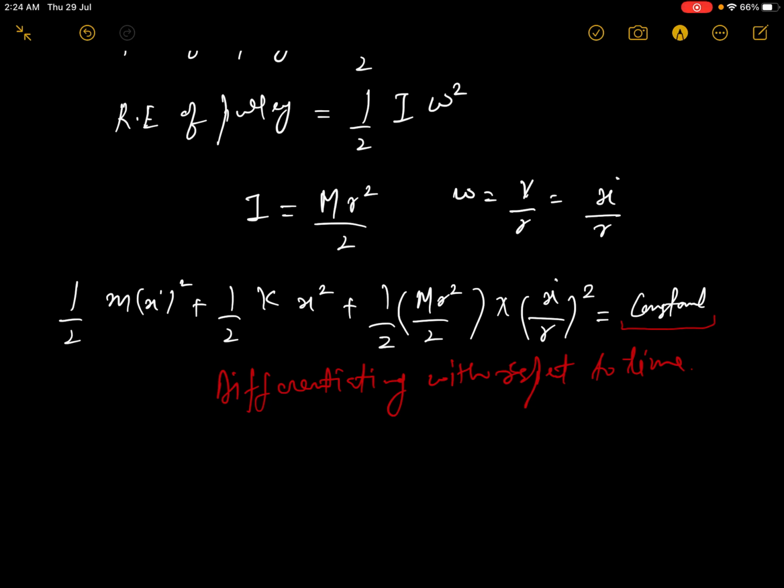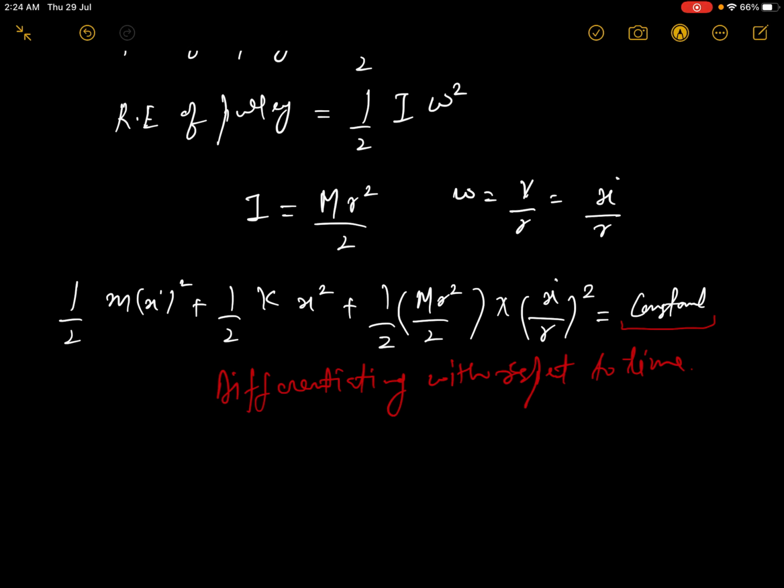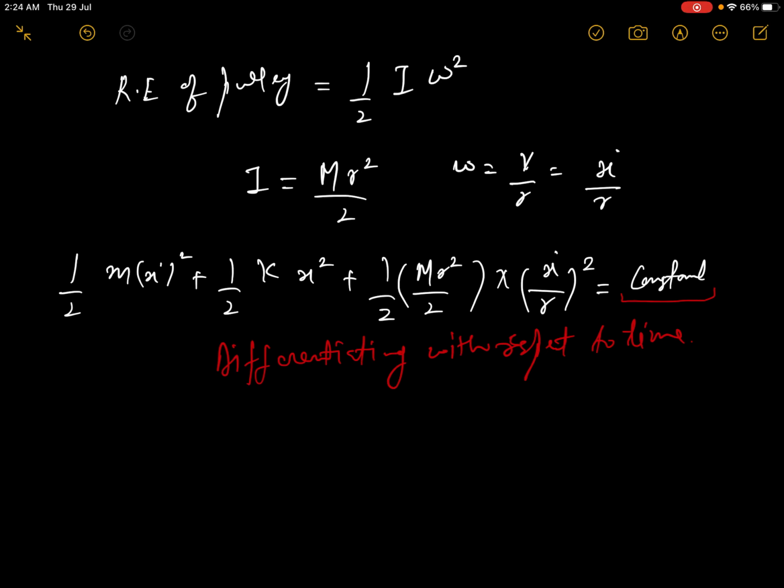Since the energy is constant, when I differentiate it with time, the value will be 0. So let's differentiate it. We'll get m x dot x double dot plus k x x dot plus m by 2 x dot x double dot equals 0.